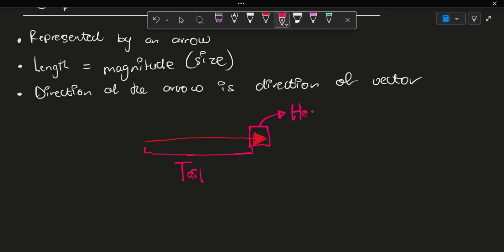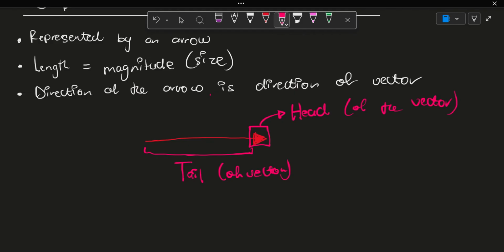We call this the tail of the vector, and this guy the head of the vector. So that's how we draw a typical vector.